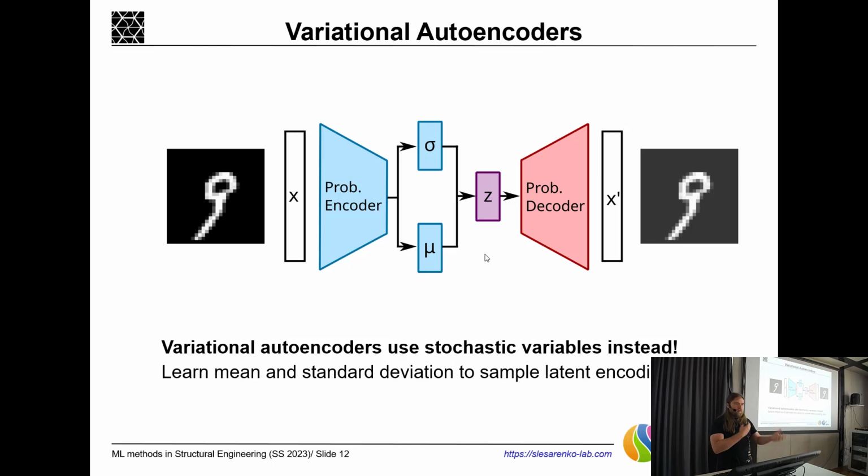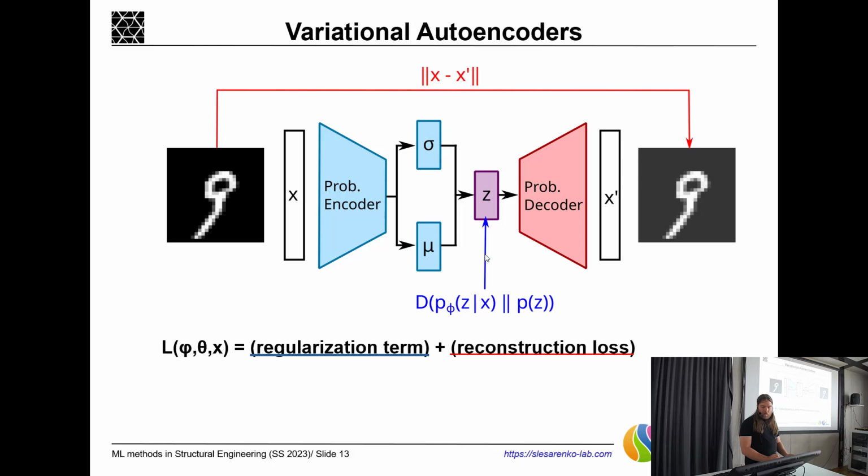Because how do we train and get the gradient of a probability distribution? We will see that later. First, we had this reconstruction loss, which is still the same. Then we have this regularization term.